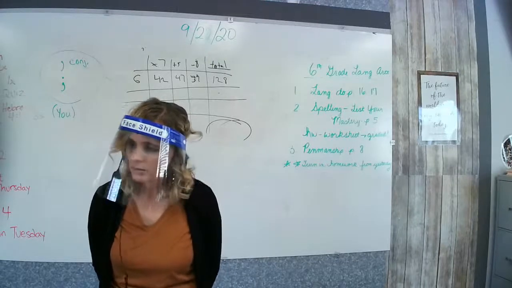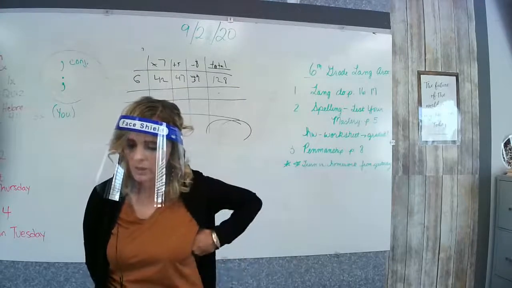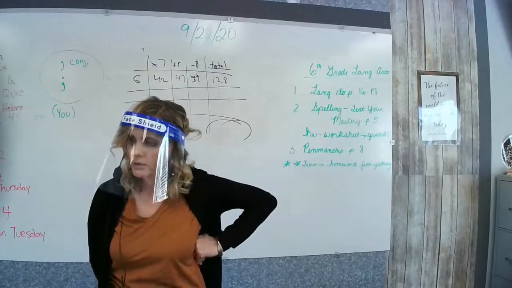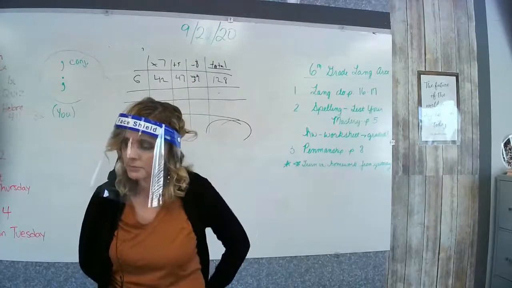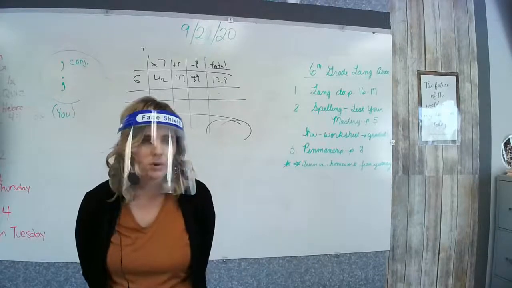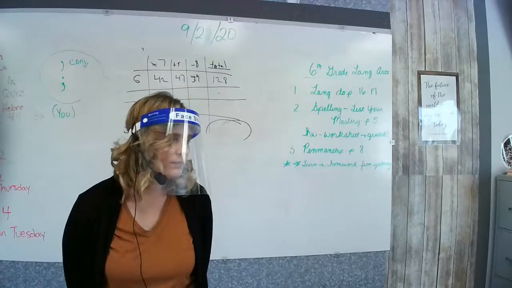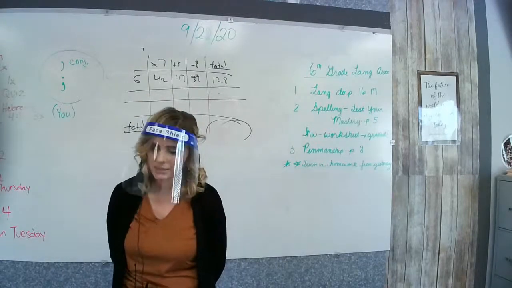And? Landed. And then who or what buzzed and landed? B. Good. Class, is this sentence simple or compound? Simple. It has a compound verb, but it is a simple sentence.